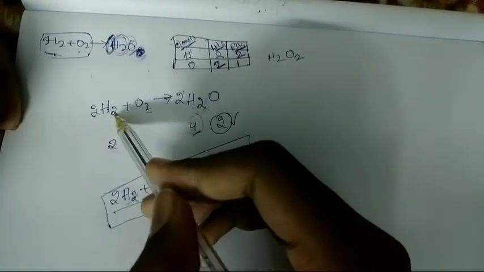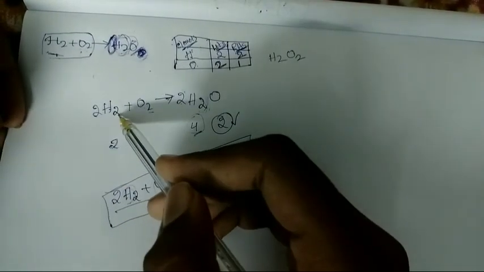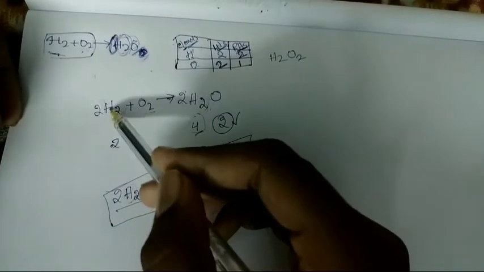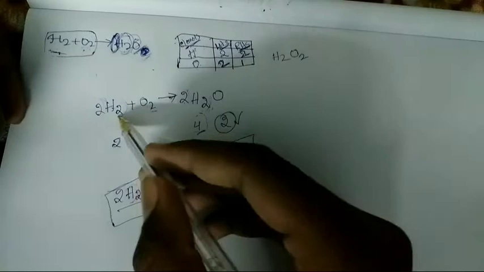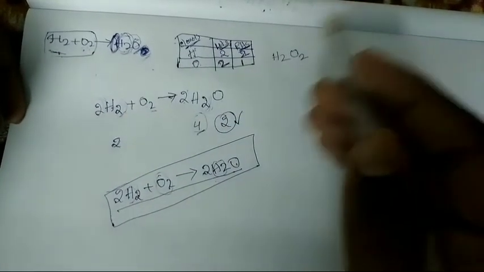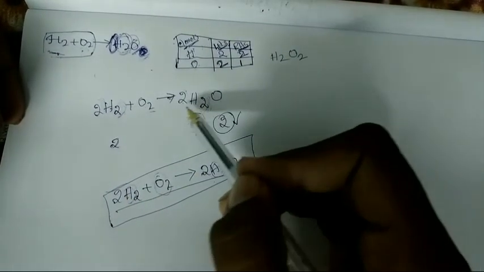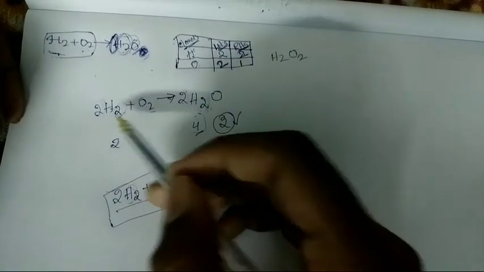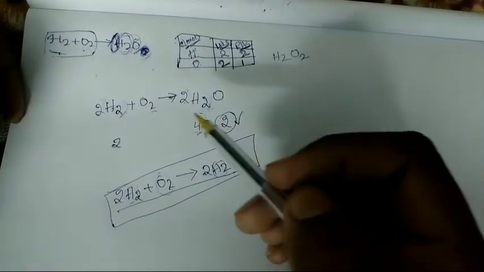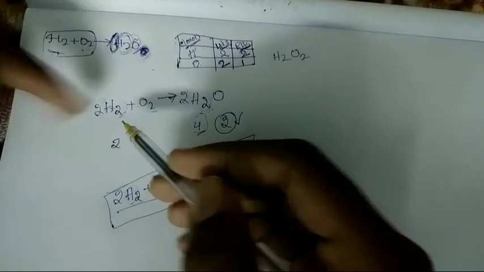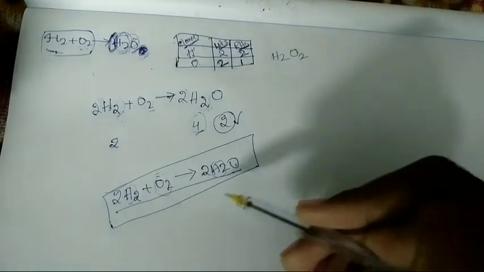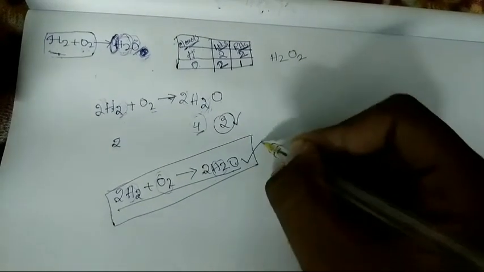See here also I added 2 near the hydrogen, not downside. Okay, we counted same again, but we got 2 hydrogens less in reactants, so we added 2 in the reactants. Now the equation is balanced perfectly.